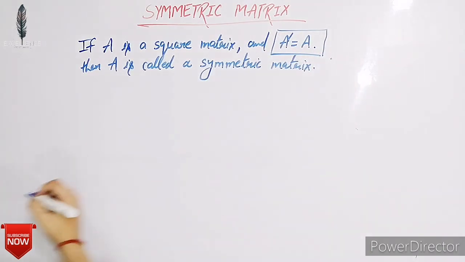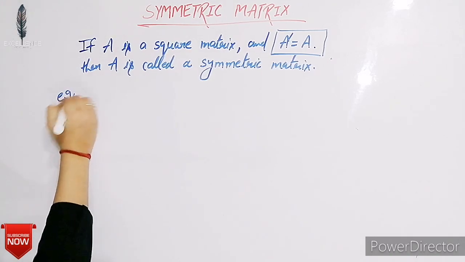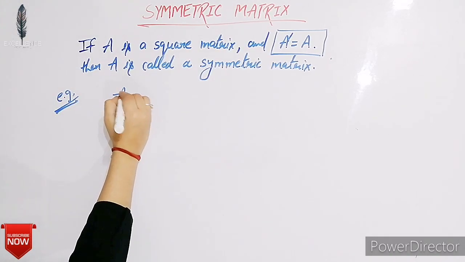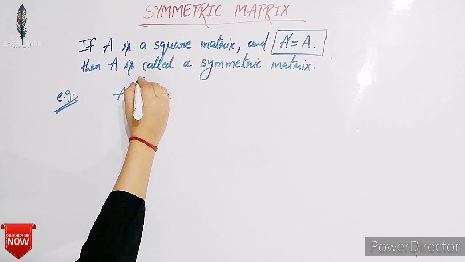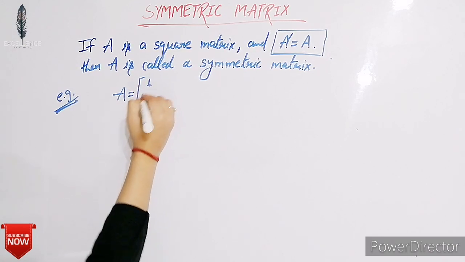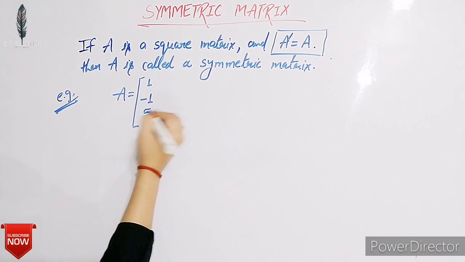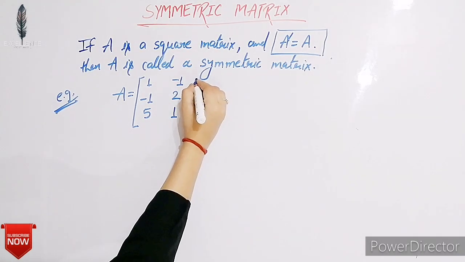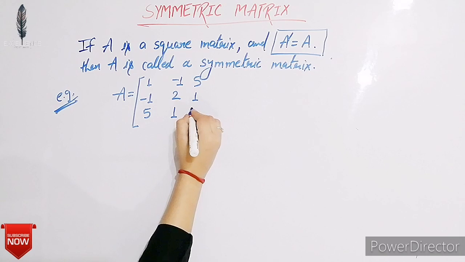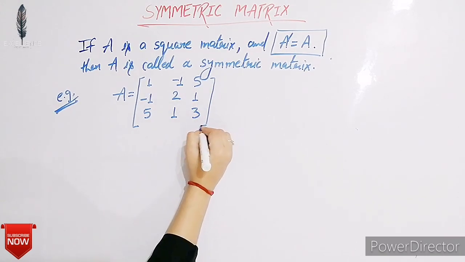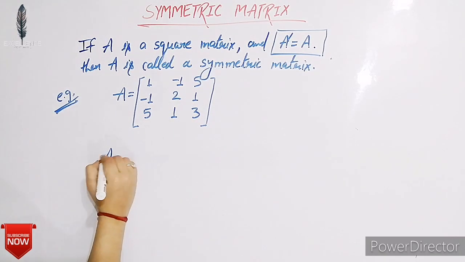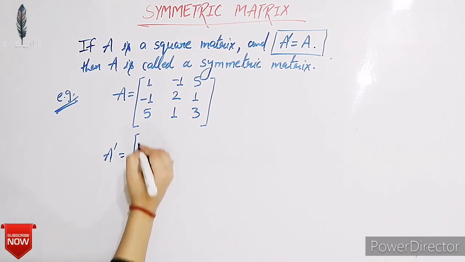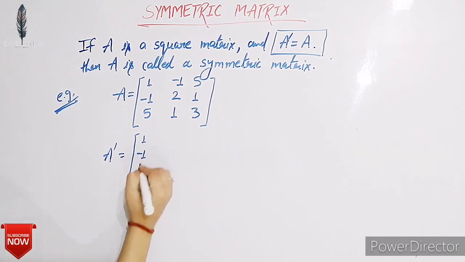A dash equals to A. For example, let's see. We have a matrix A is equals to 1, -1, 5, -1, 2, 1, 5, 1, 3. So its transpose equals to रो को कॉलम में चेंज कर देंगे.